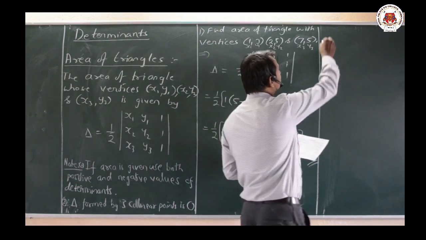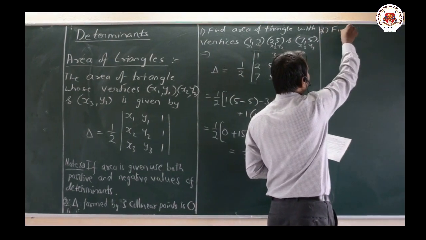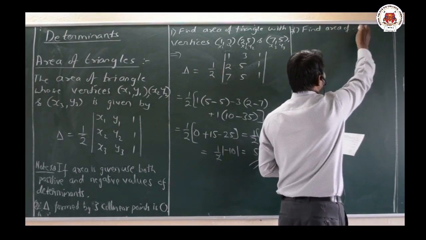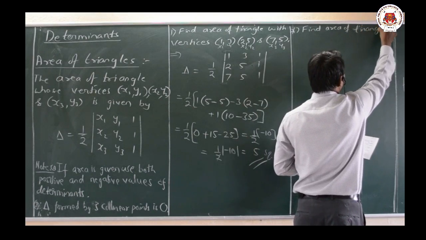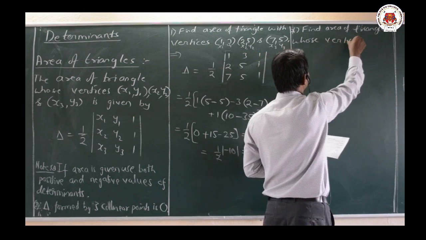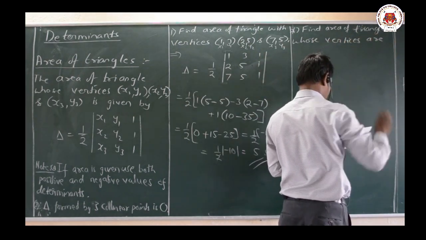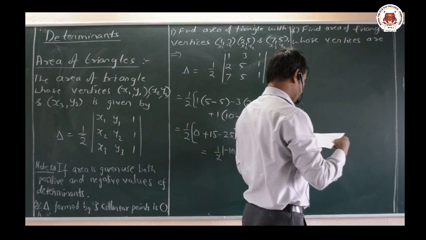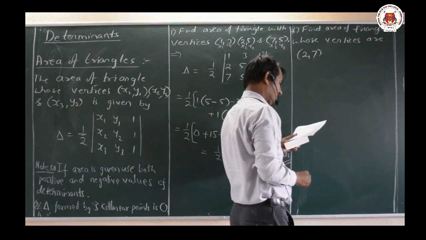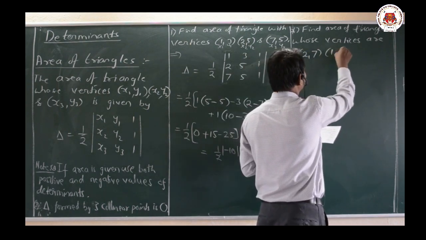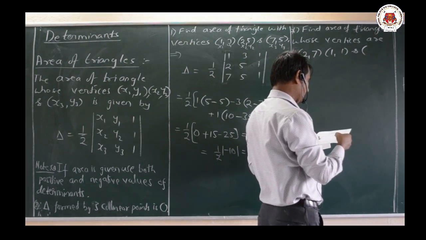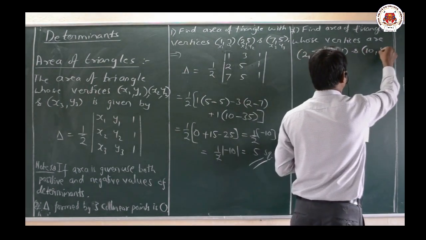Next one. Find the area of the triangle whose vertices are 2, 7, 1, 1 and 10, 8.